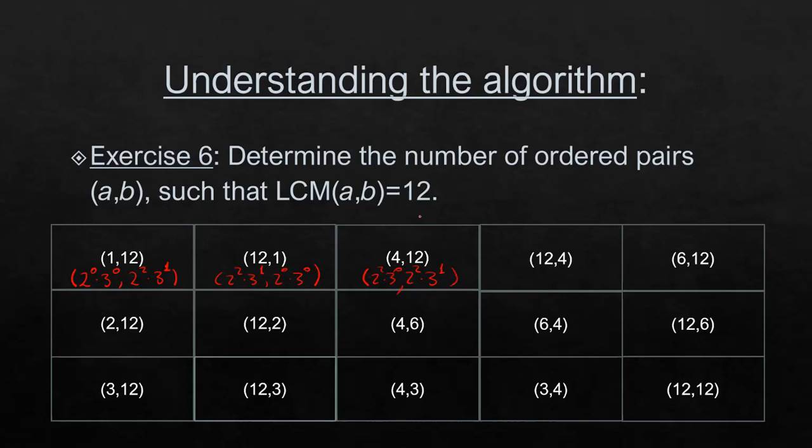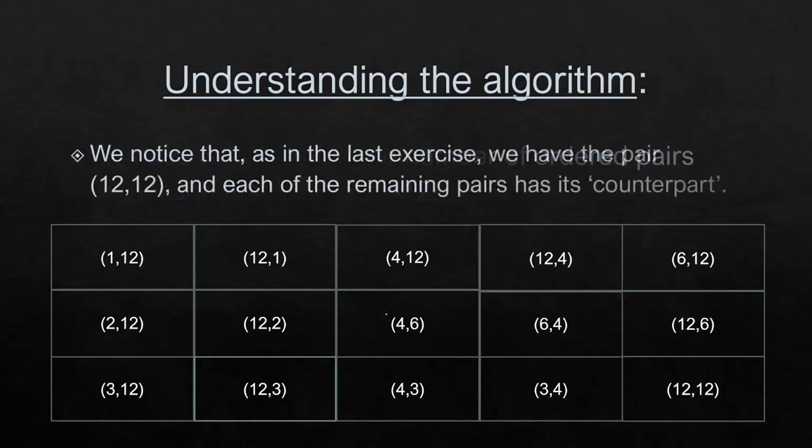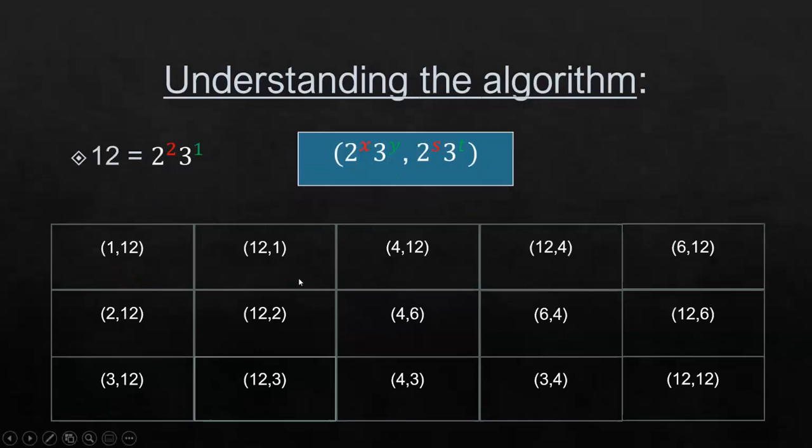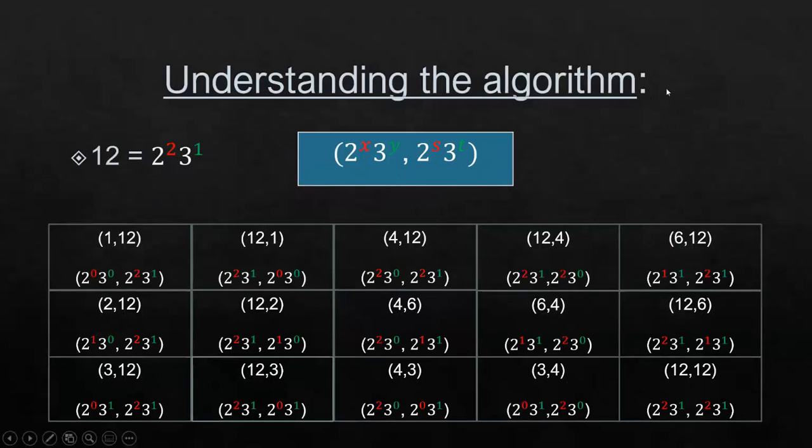All of those pairs can be written in this form in some way. They have a way to be written such that they are 2 to some power times 3 to some power, and then 2 to some power times 3 to some power. This is from the discussion that we made.